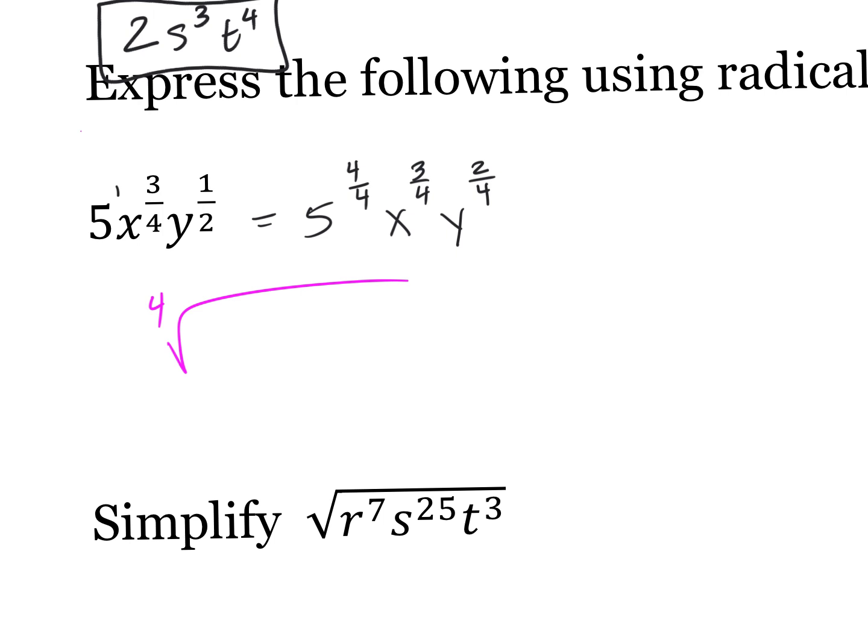So how could I rewrite that all under that 4th root? Root 4, 5 to the 4th, x to the 3rd, y to the 2nd. Yes, ma'am. Meaning power over root, power over root, power over root. 5 to the 4th power, x to the 3rd power, y to the 2nd power, they're all 4th rooted. We got it.